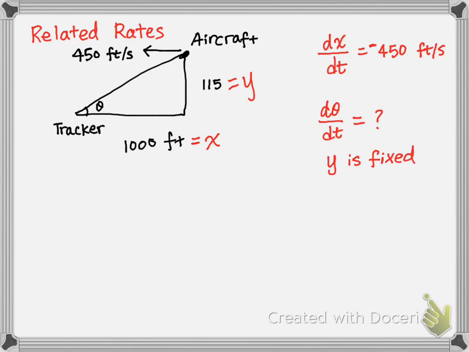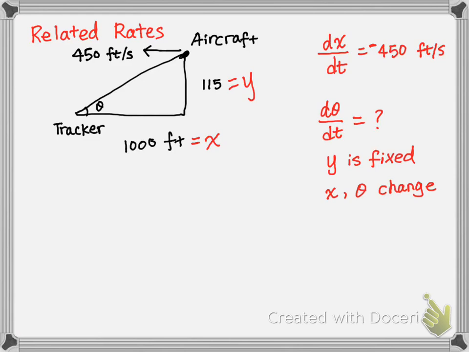The only things changing are x and theta. They change with respect to time. The closer you fly over the tracker, the higher the angle is because it has to look up. So all you really need to relate is theta and x, and y is fixed.